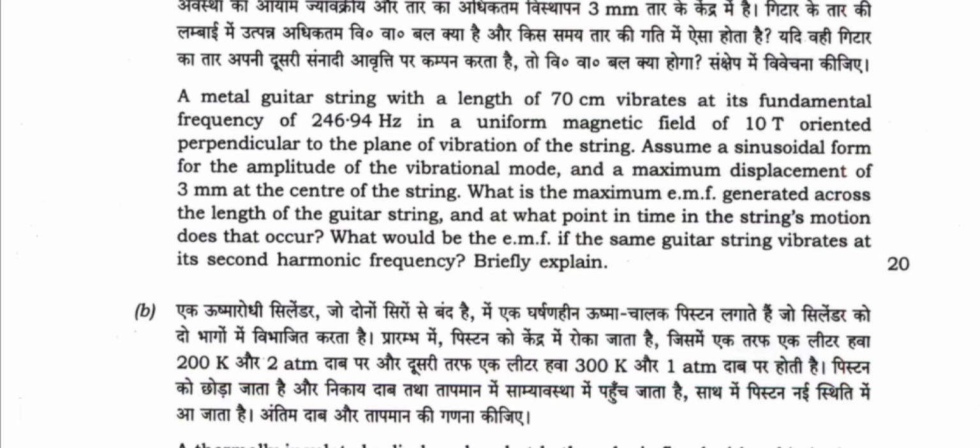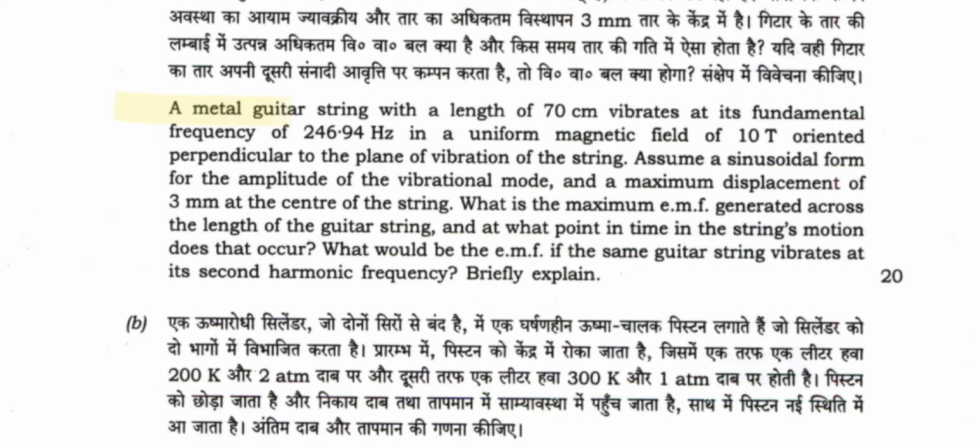And question number 7a. A metal guitar string with a length of 17 cm vibrates at its fundamental frequency of 246.94 Hz in a uniform magnetic field of 10 T, oriented perpendicular to the plane of vibration of the string. Assume a sinusoidal form for the amplitude of the vibrational mode and a maximum displacement of 3 millimeters at the center of the string.